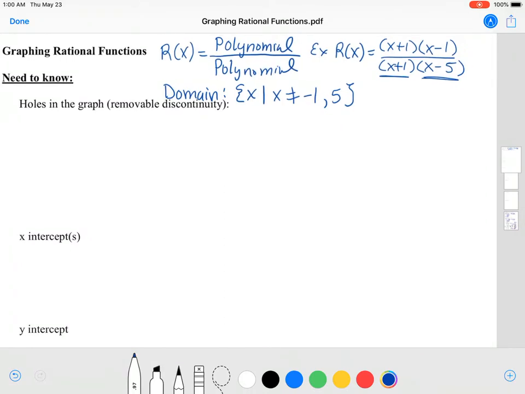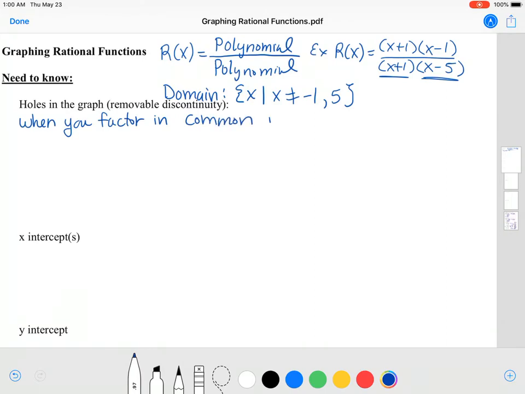So we have a hole in the graph when you have a factor in common in the denominator and in the numerator.